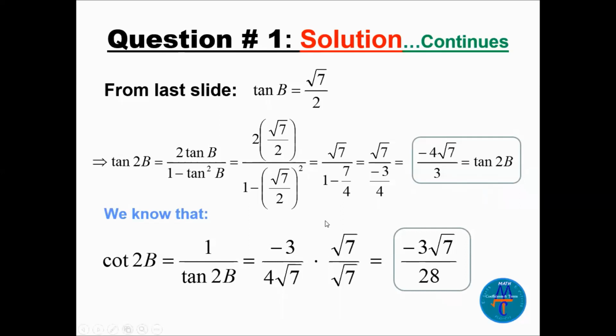Now what do we need? Cotan of 2b, which is 1 over tan 2b, just the reciprocal of that. Just take the reciprocal, and then I rationalize to remove the radical in the denominator. So the final answer will be minus 3 square root of 7 over 28.